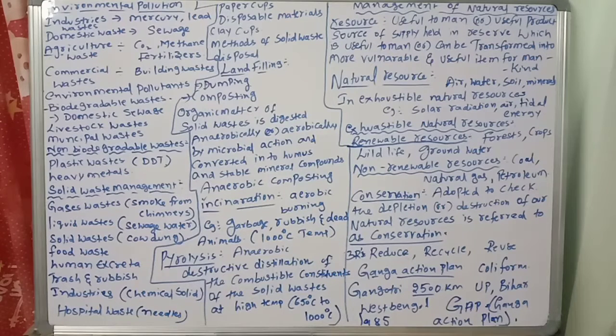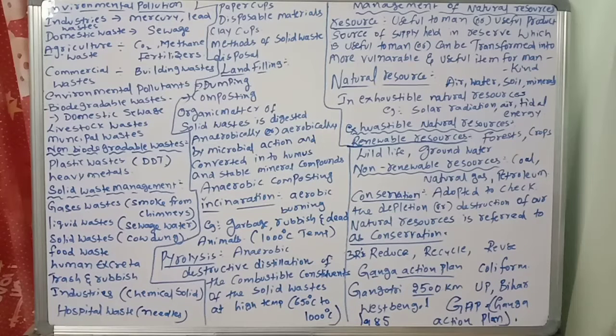So the Ganga Action Plan is a must. Why? The Ganga river is very holy water, that is the Indian tradition. But now there is too much pollution, especially from which bacteria? The coliform bacteria. We should control these things and protect our Ganga river. Then we can happily enjoy the river's benefits.